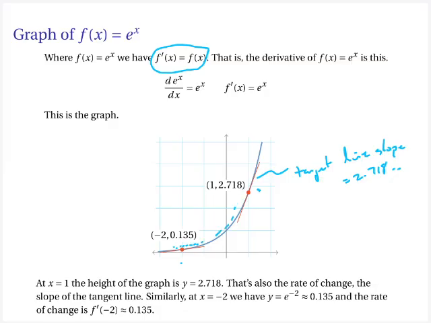So there's this characteristic upward sweep to the exponential functions that a person recognizes in the graph.